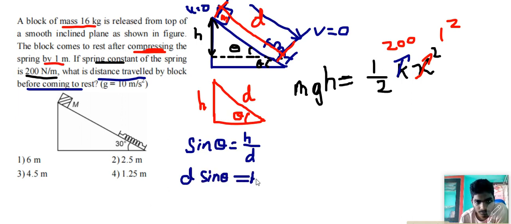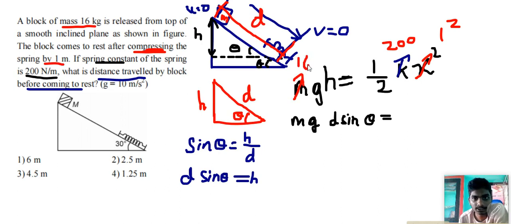So h is equal to d sine theta, and we substitute this in the formula mgh. Instead of h we write d sine theta. The mass is 16 and the gravitation is given as 10.